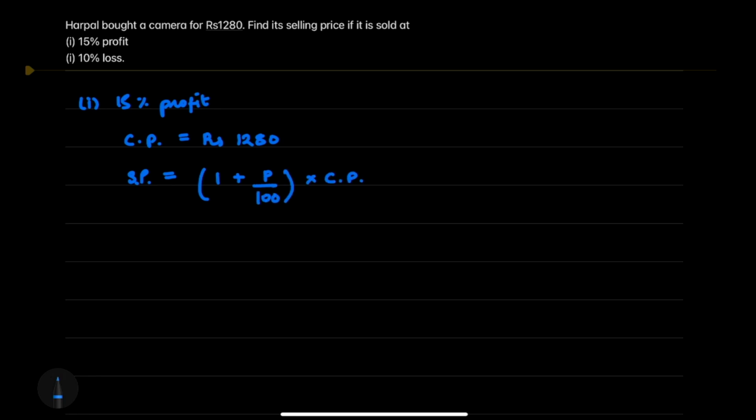And that's how we are going to calculate the selling price. Let's substitute the values. We have 1 plus 15 over 100 into the cost price of 12,800 rupees. And this gives us 1,472 rupees. So if we sell it on a profit of 15%.